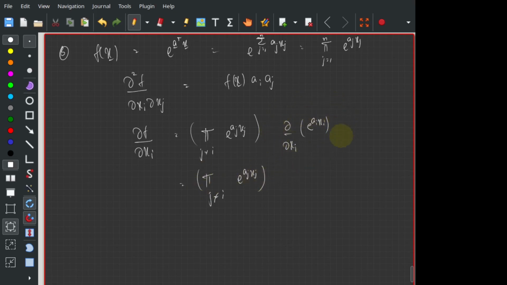What is this equal to? So this is ai times e power ai xi, right? But then I can multiply this along with this. So this is just ai times f of x.